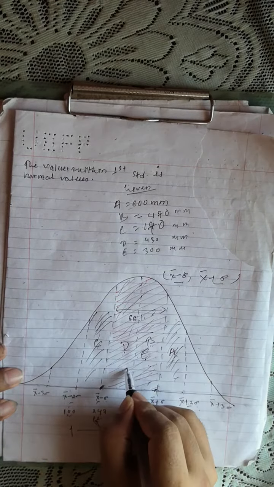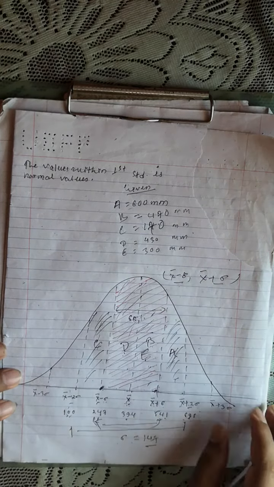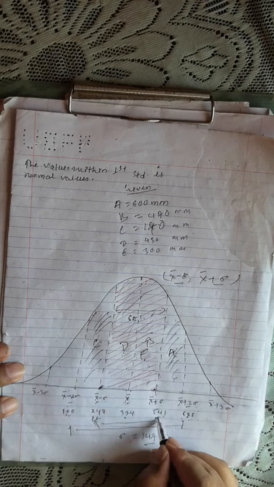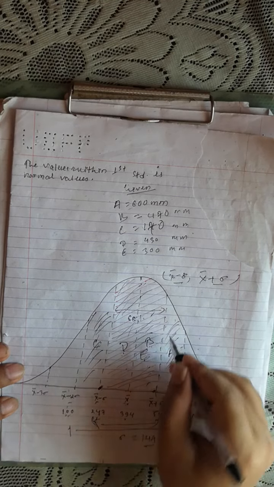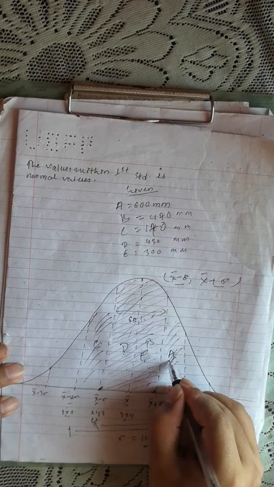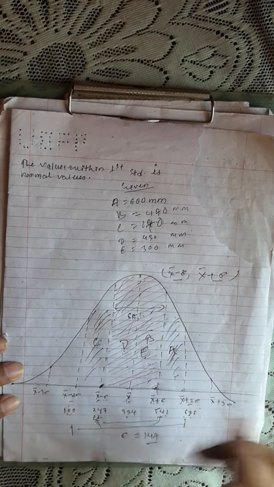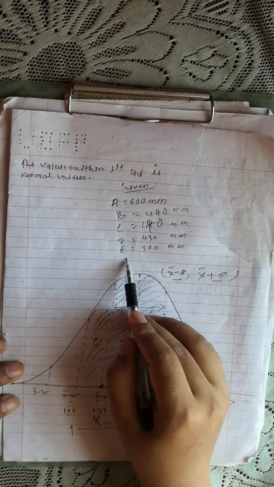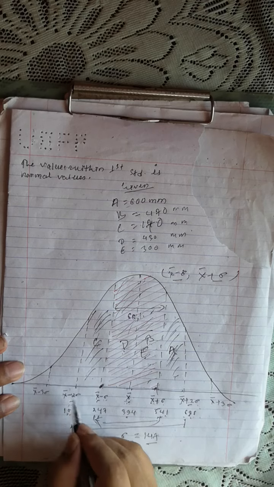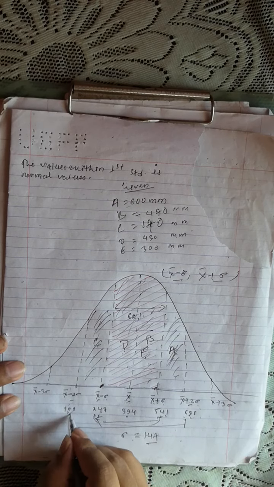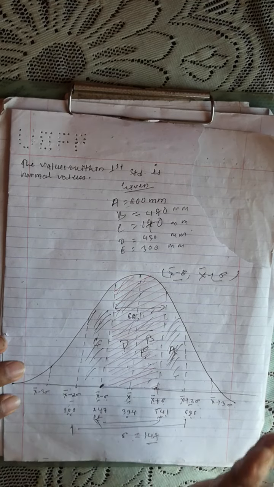Similarly, E is also in the first standard deviation, and the value of A is 600 millimeters. 600 lies between 541 and 591, in this region. So A is in the positive second standard deviation. And the height of C is 170 millimeters. 170 lies between 100 and 447, which is the negative second standard deviation.